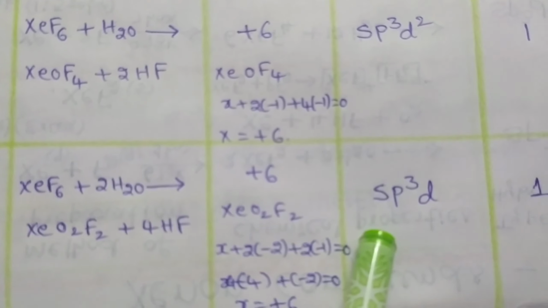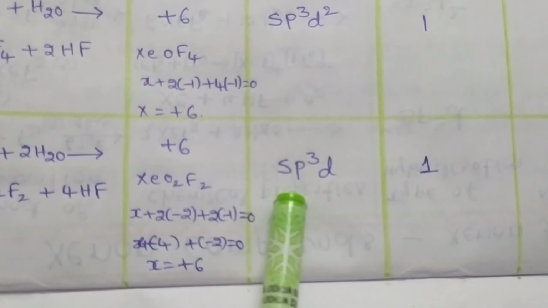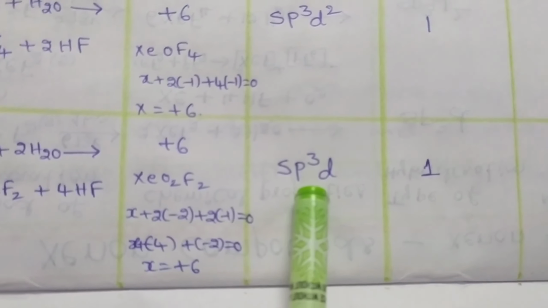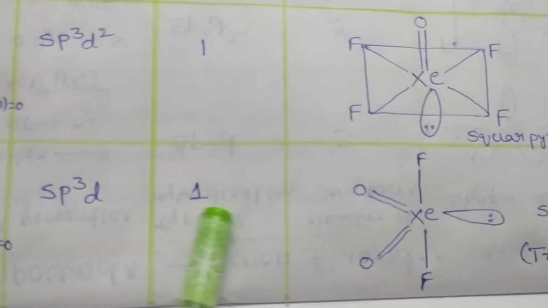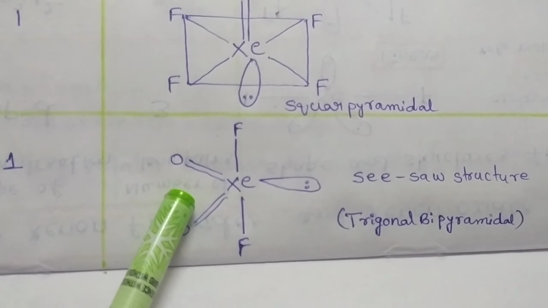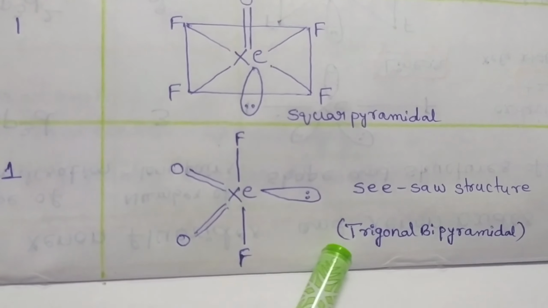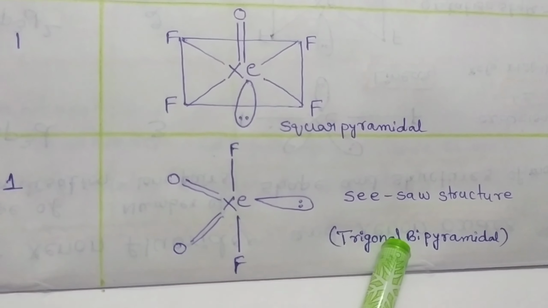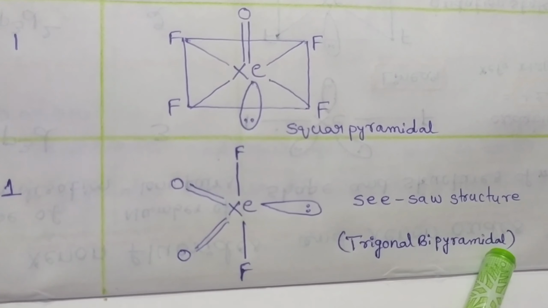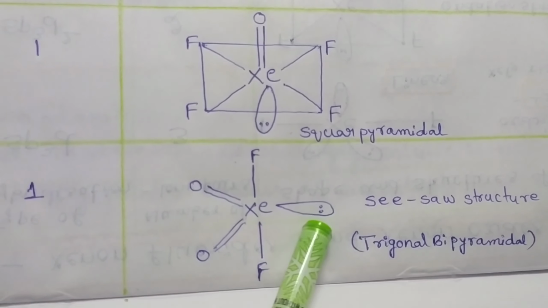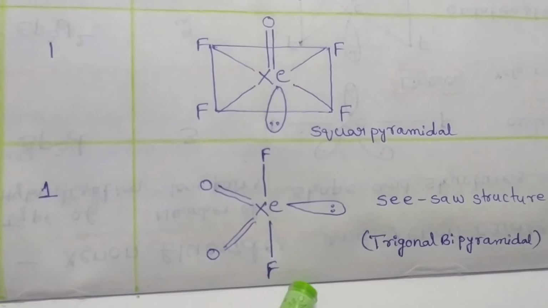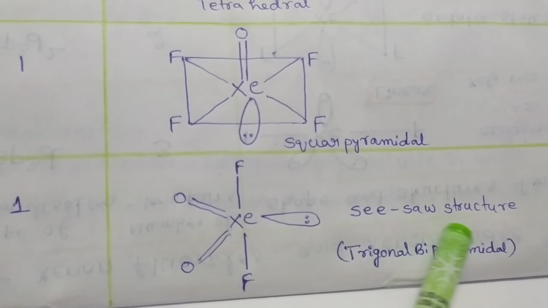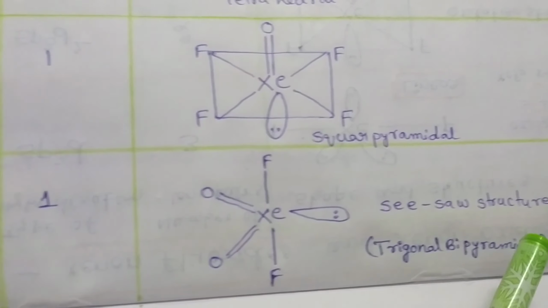Hybridization: it shows sp3d hybridization. When we observe the structure here, this is similar to trigonal bipyramidal in shape, but due to the presence of one lone pair of electrons, its actual structure is a seesaw structure.